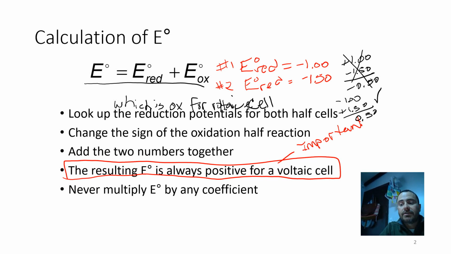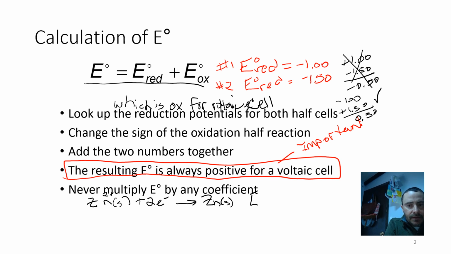So even if your reaction doesn't look like the one that is in your table, right? Even if it looks like, okay, in the table it has our zinc 2 plus plus 2 electrons going to zinc solid, and it gives a reduction potential of, say, 0.768 or something along those lines.